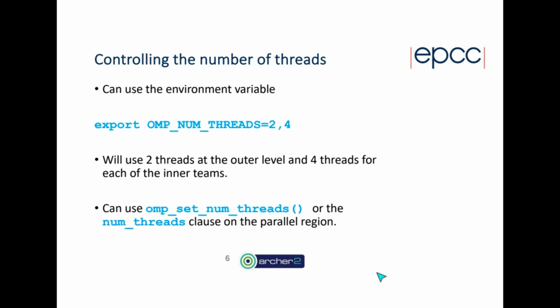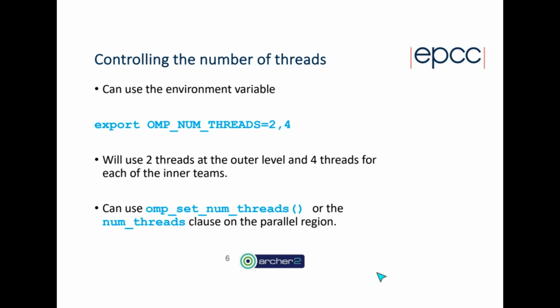Okay, so how can we control the number of threads? We can actually do it with the environment variable. The OMP_NUM_THREADS environment variable will accept a comma-separated list of values, which tells the runtime how many threads to use at each level of parallelism, starting from the outermost one.